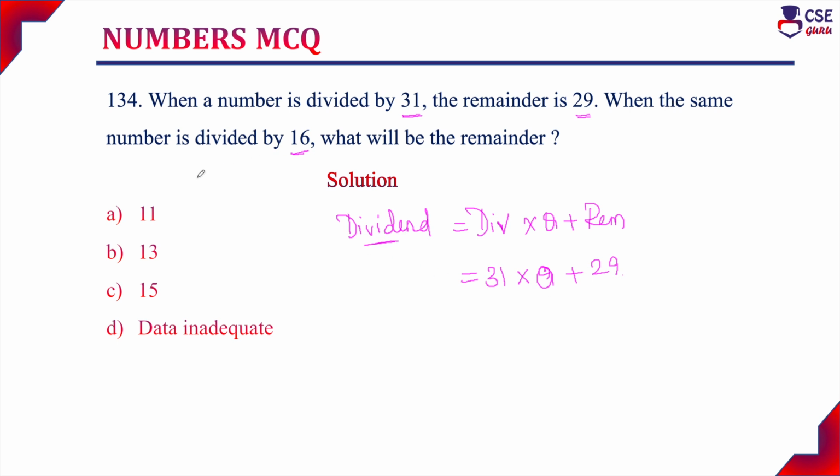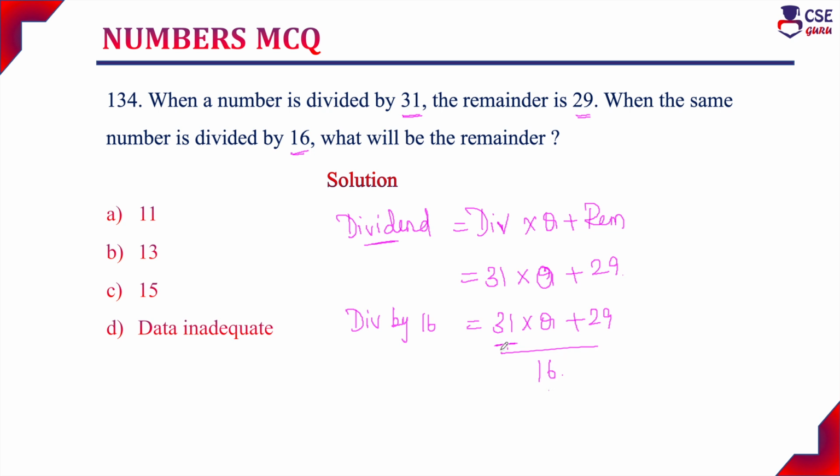When the same number is divided by 16. Okay, so divide by 16. So (31q plus 29) divided by 16. So this we have to take in terms of 16. But 31: 16 into 1 time is 16, 2 times is 32. So we cannot divide this number in any multiples of 16.